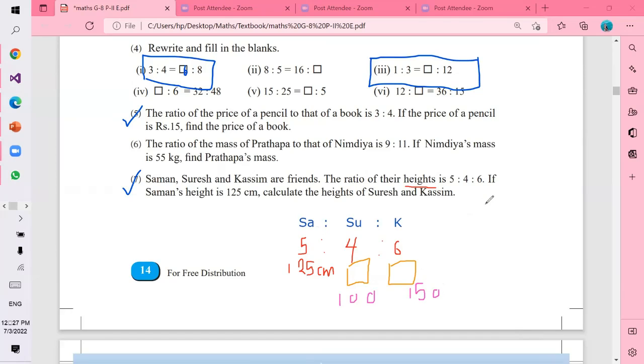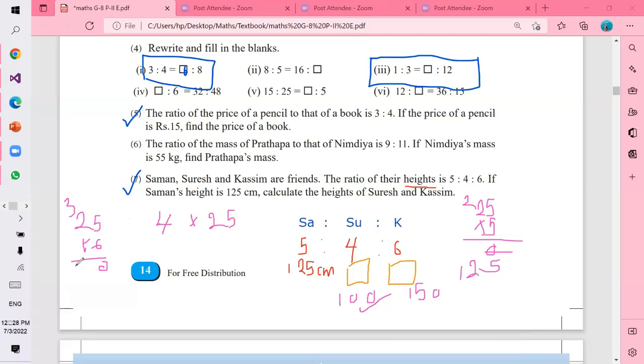Saman's height is 125. So to get Suresh's and Kasim's heights, we need to multiply 4 and 6 by 25. When we multiply 4 by 25, the answer is 100. That is correct.